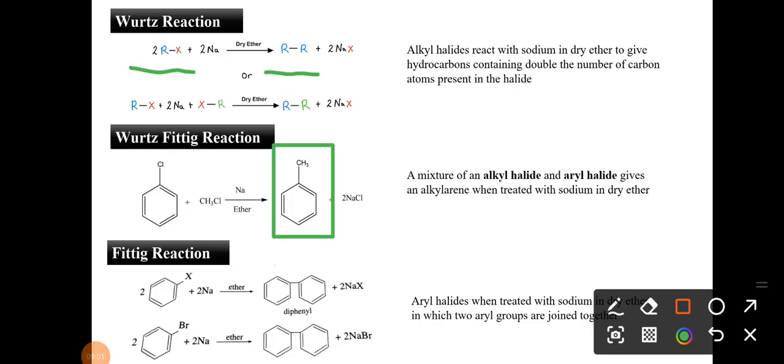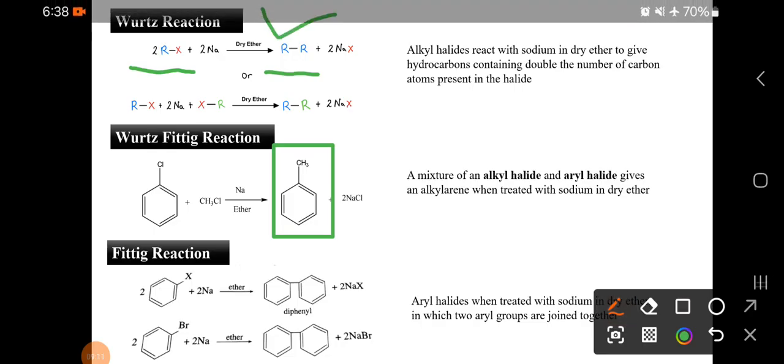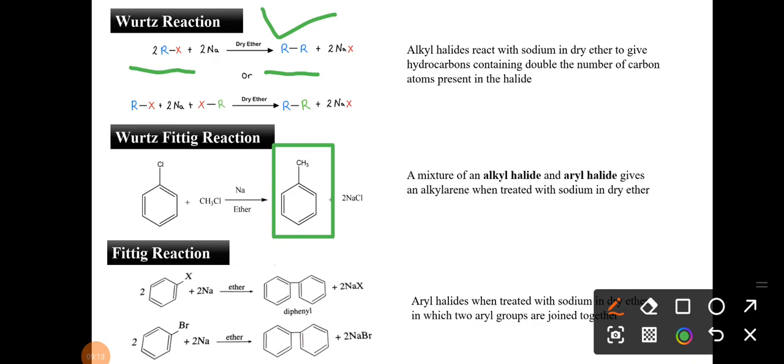This is the Wurtz-Fittig reaction. The Wurtz reaction and the Fittig reaction are completely similar. Just in the Wurtz reaction they are using alkyl, meaning aliphatic compounds, and similarly the Fittig reaction is for aromatic compounds.